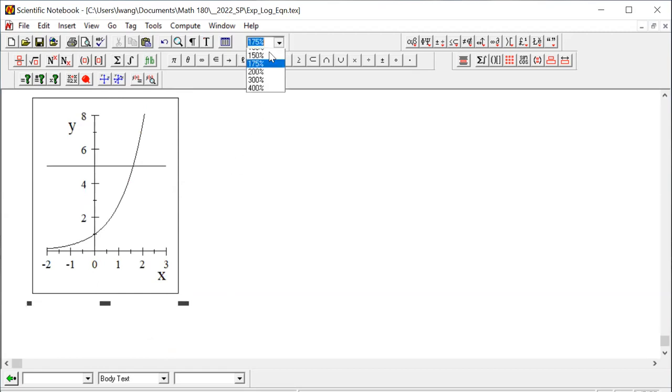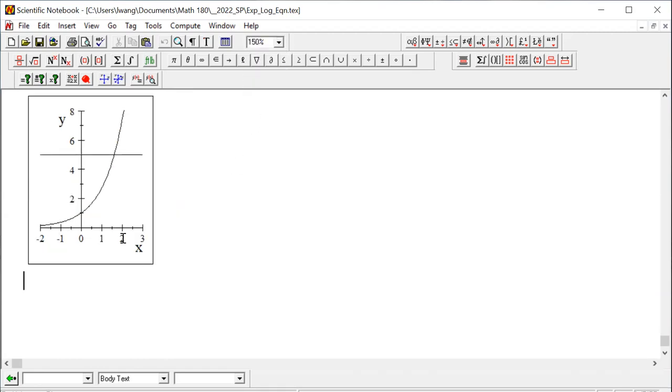So method 2. We have e to the power x equals 5, right? Can 5 be represented in terms of e? Yes, it's actually e to the power of ln 5.